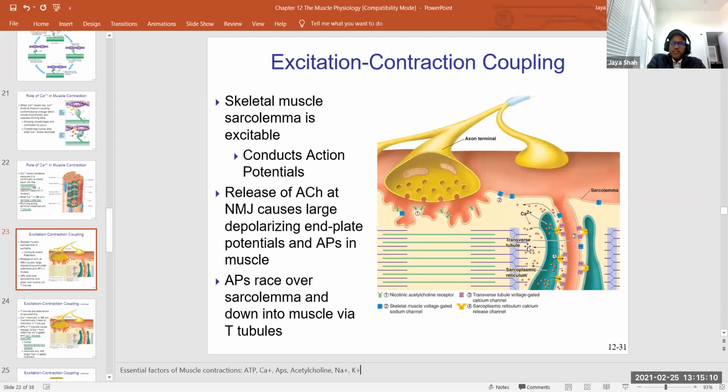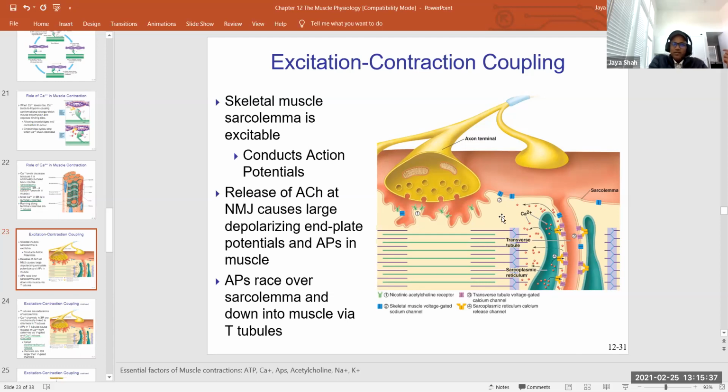Once the muscle contracts and then relaxes, to pump this calcium back into the sarcoplasmic reticulum, you need ATP. The sodium enters the cell for the action potential. Again, to bring this muscle fiber back to the resting membrane potential, sodium is pumped back extracellularly, and you need ATP.